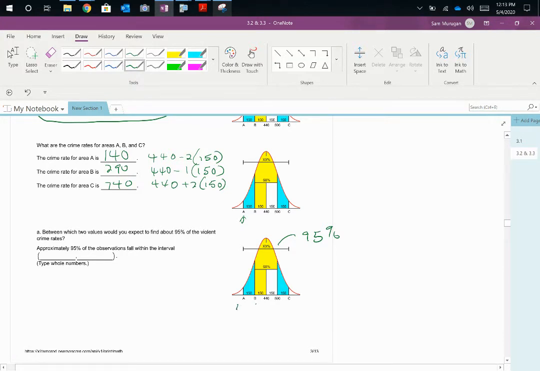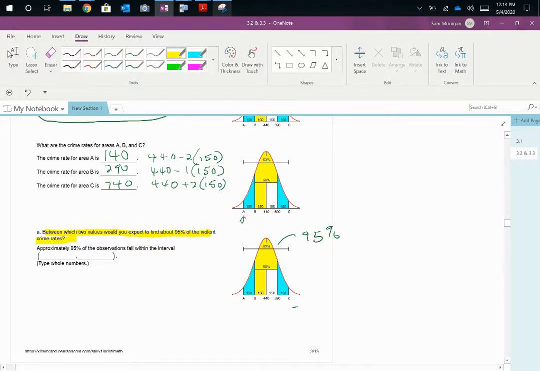So city A is at 140, and city C is at 740. Am I looking at that correctly? Oh, I'm sorry, it's one standard deviation, not 2. Within 1 standard deviation. No, I'm sorry, it is 2. Would you expect to find 95% of the crime rates? So I did read that incorrectly.